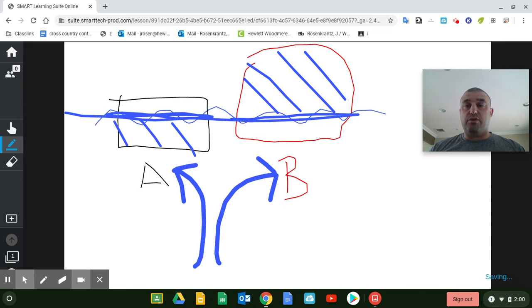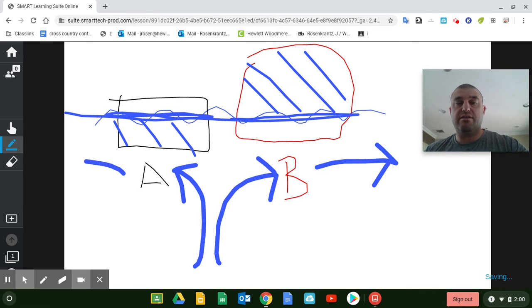Well, those two floating blocks are going to move with the currents. So block B is going to go off to the right, and block A is going to go off to the left. So these blocks will actually separate. Okay? So this is really the premise or the major concept behind seafloor spreading.